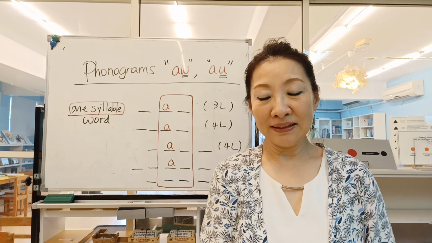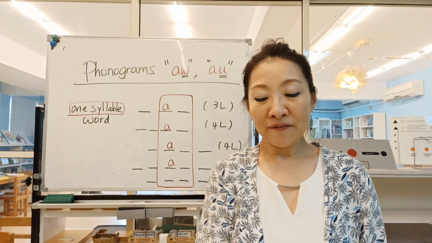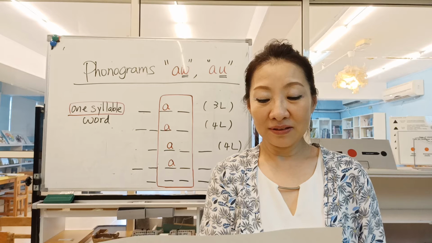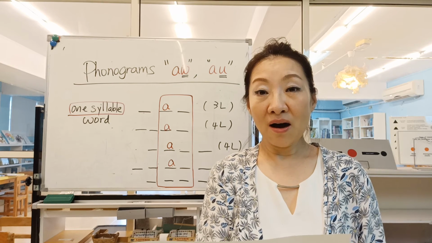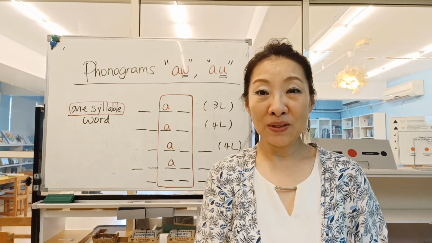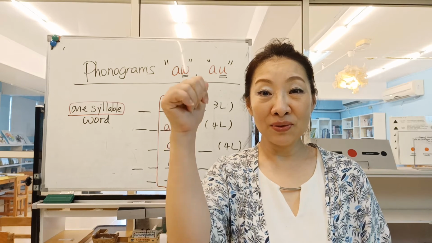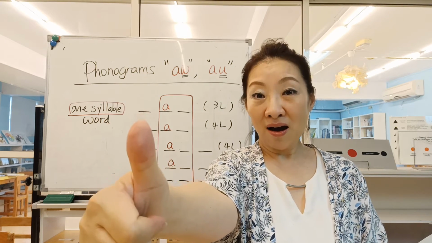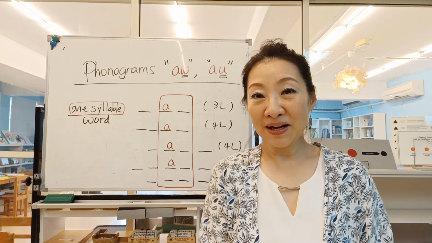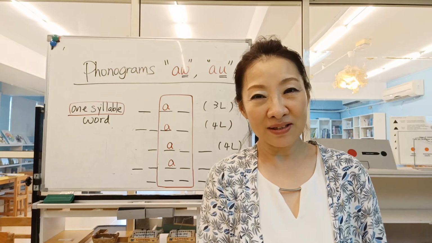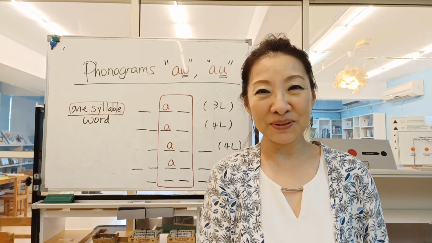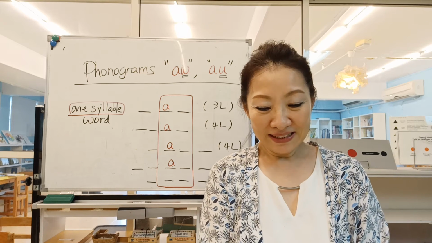Number 14, here is a 7-letter word. Awesome. When you think something is great, you do this and say, awesome. Okay? If you can get every word correct today, I'm going to say awesome to you tomorrow.